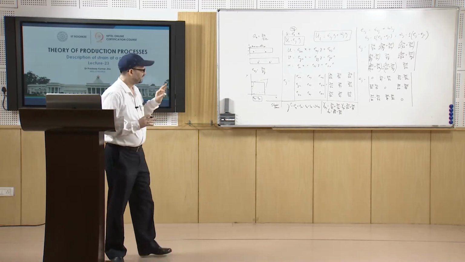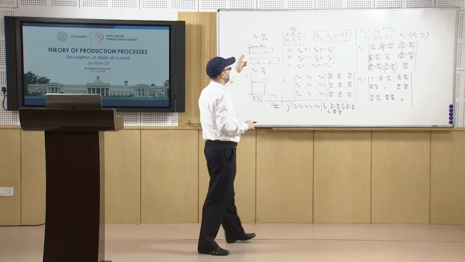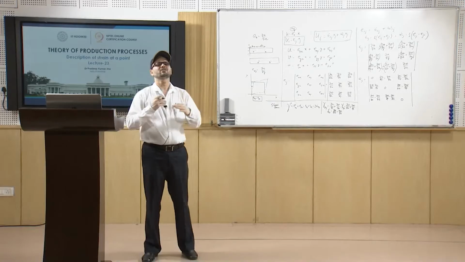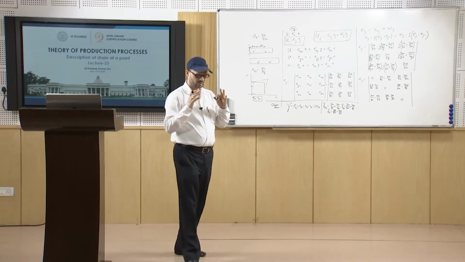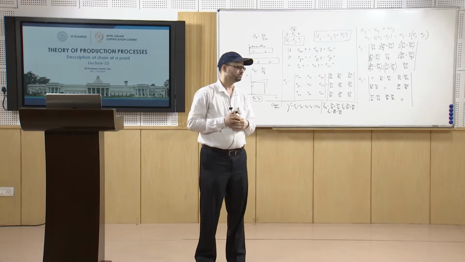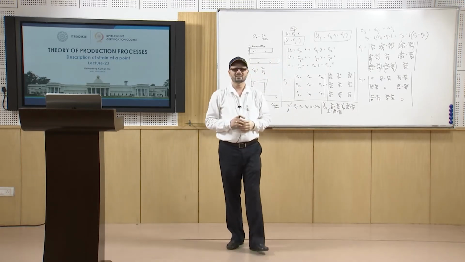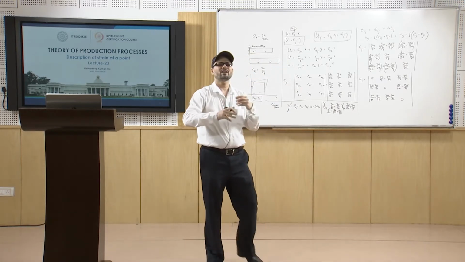Now, as you know, this strain tensor being a tensor, we can have the transformation. The best part of the tensorial aspect of stress or strain is that you can go for transformation of axes.